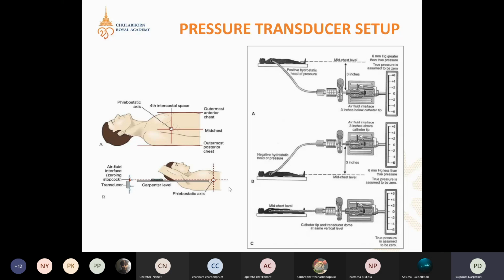But if you place the pressure transducer lower than the actual level, you will get a lower pressure than the correct pressure that you should get.